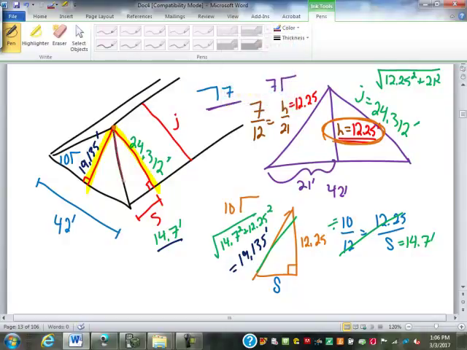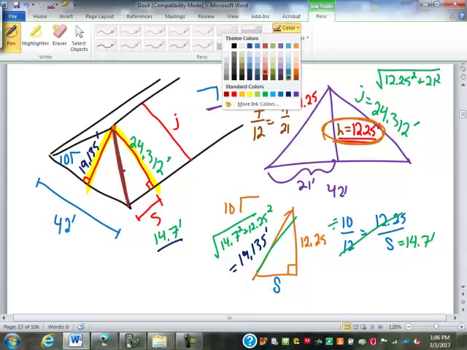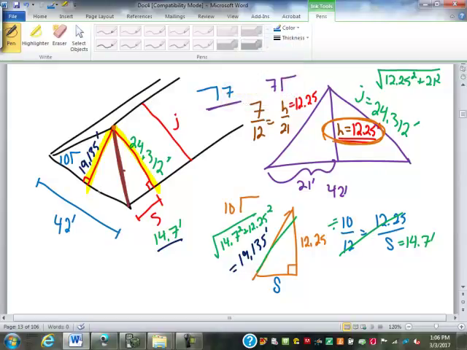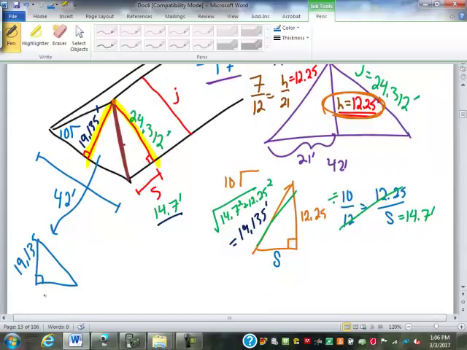Next, how do I find that length? I have two options here. Let's explore both of them. I have this triangle here. Should be 19.135 and 21, right?